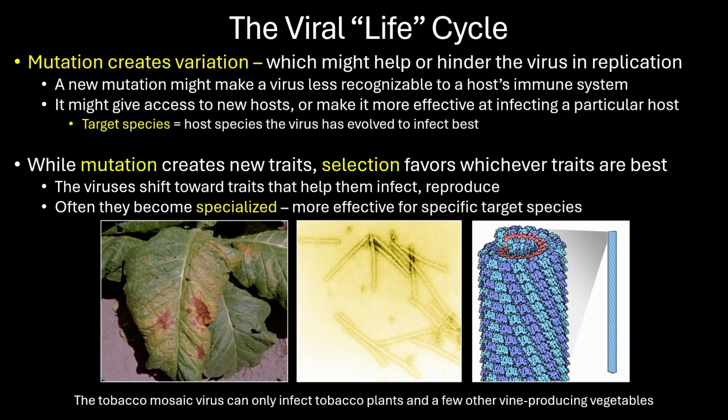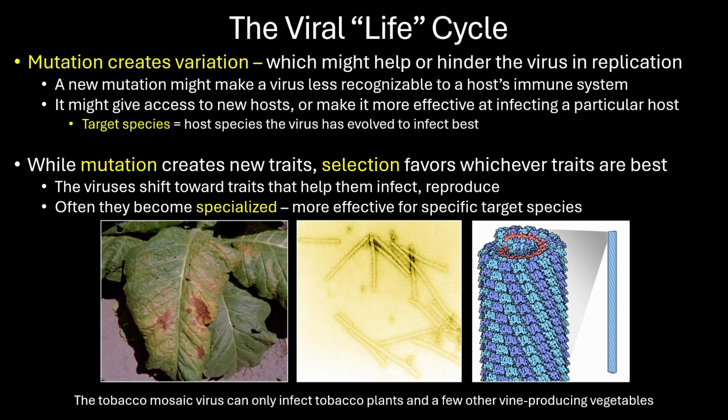So selection is essentially saying those viruses that are successful reproduce more, and then they pass on their genetic information easier and more often than those viruses that are not as successful, that don't replicate as much. And so the population of viruses steadily shifts towards being more and more like the successful viruses, the ones that are actually able to reproduce.